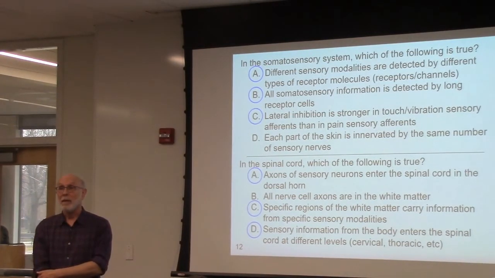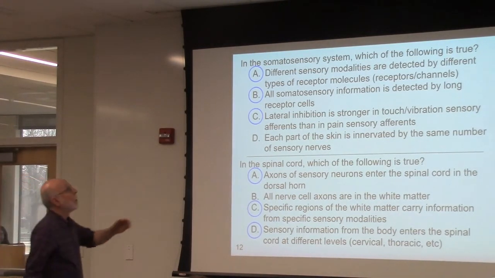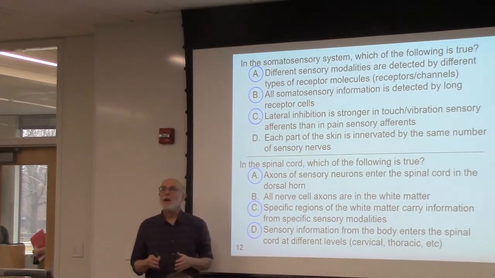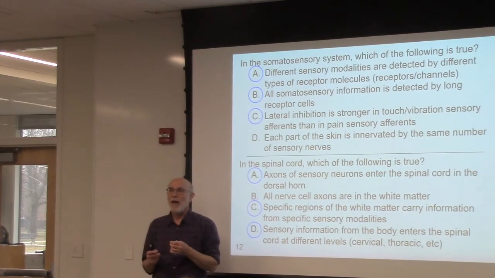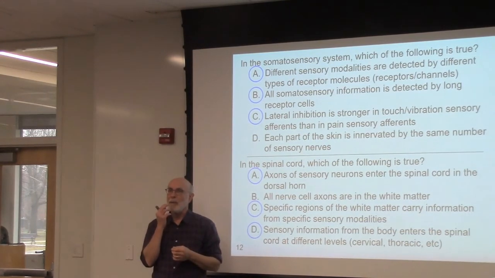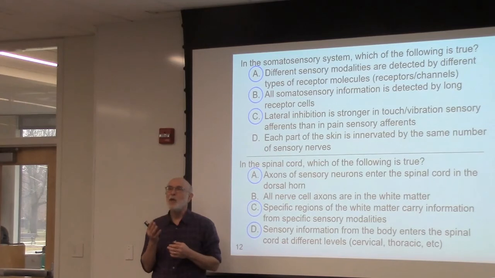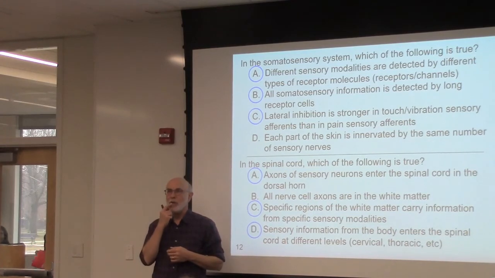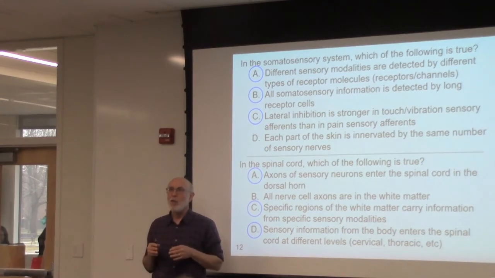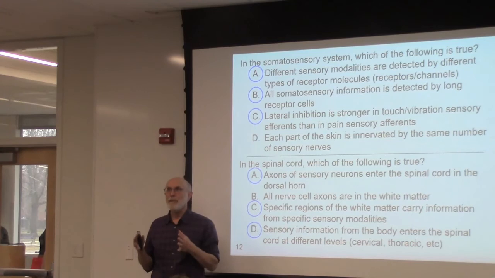Could you re-explain C in the first one? I didn't teach this, but you probably know that your ability to detect a painful stimulus is less localized than your ability to detect a single touch, even on your lip. If you have a sore on your lip, your whole lip feels sore. In part it's because the inflammation spreads, but in part it's because we have larger receptive fields for pain than we have for touch and pressure.